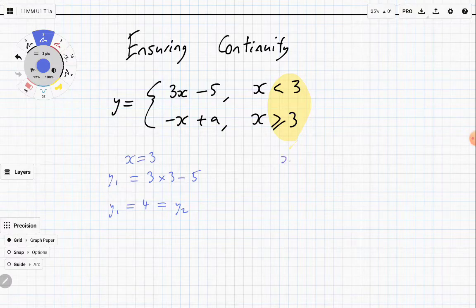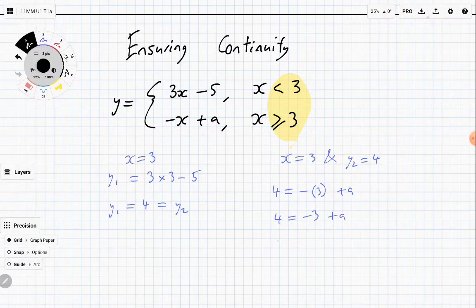So x equals 3, y2 equals 4. So we get 4 is equal to minus 3 plus a. Minus 3 is just negative 3 plus a. Add 3 to both sides. And we're left with a must be equal to 7.